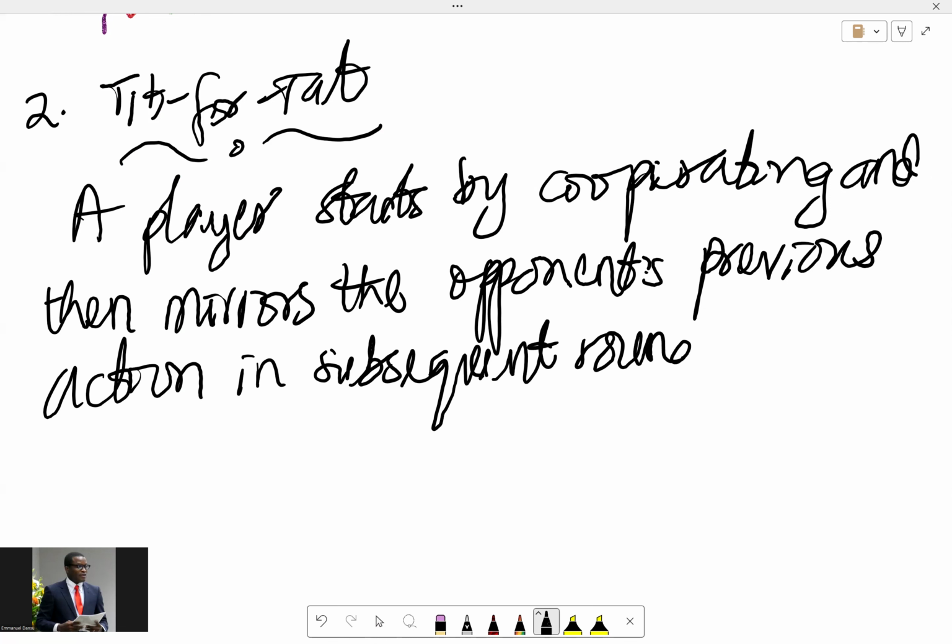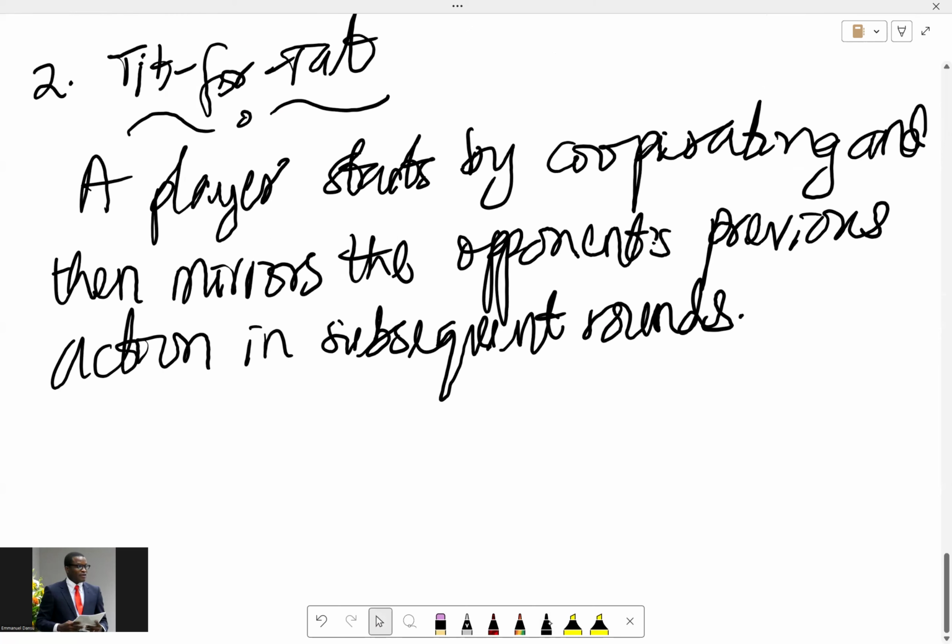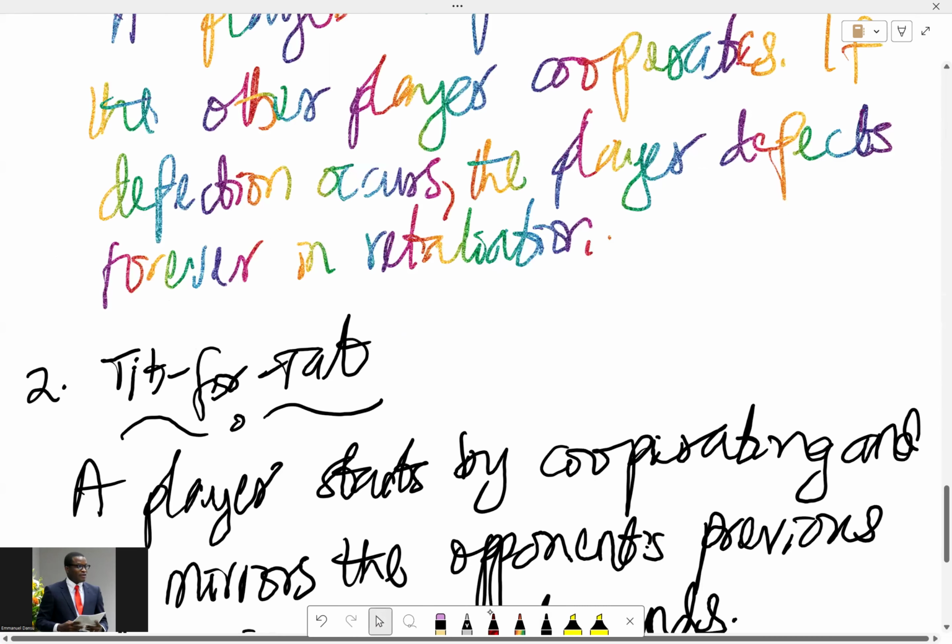If I'm the player, I cooperate at first. When the other player defects, I defect. When the other player cooperates, I cooperate. And it goes on that way.